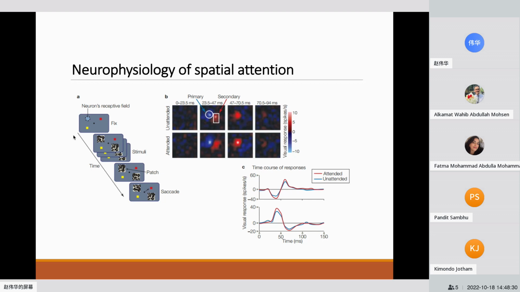They also could use the flickering noise to create what they called spatial and temporal receptive field maps.